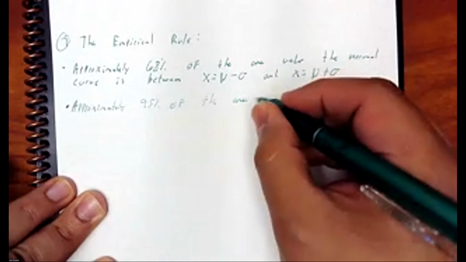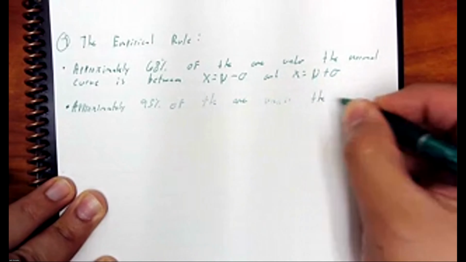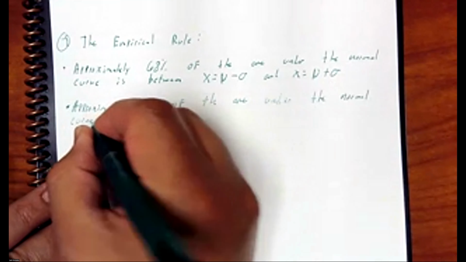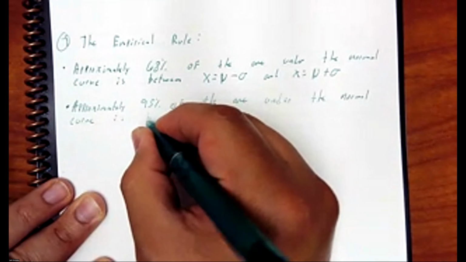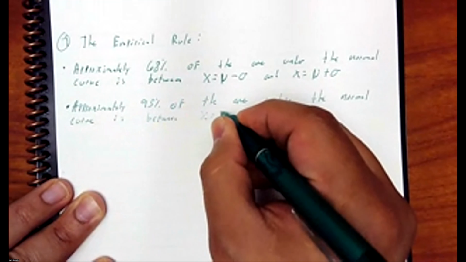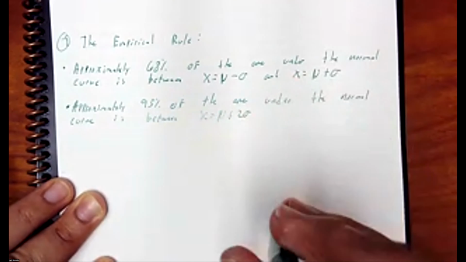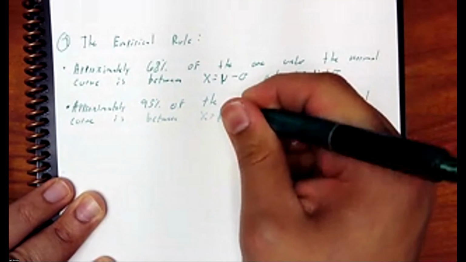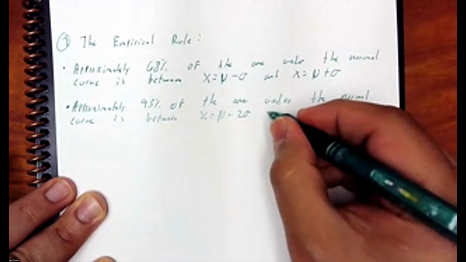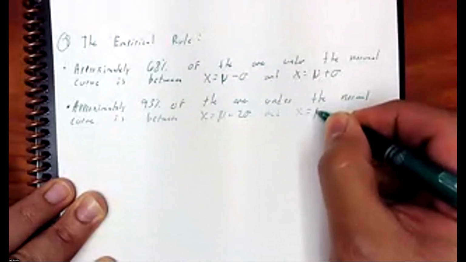So 95% of the area under the normal curve is between x equal to mu minus 2 sigma and x equal to mu plus 2 sigma.